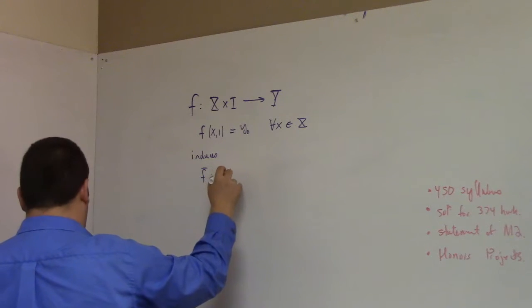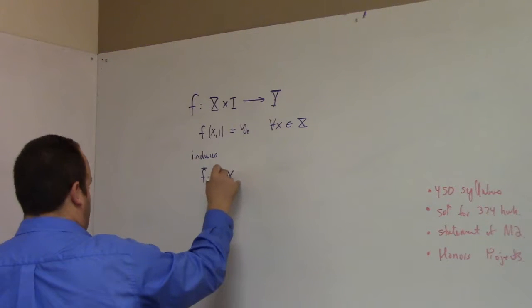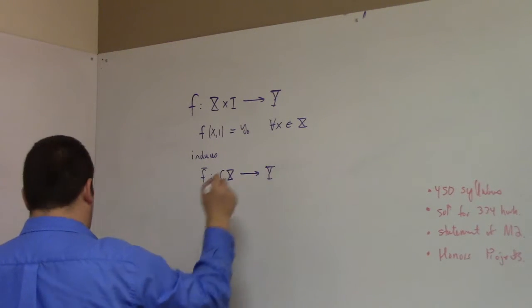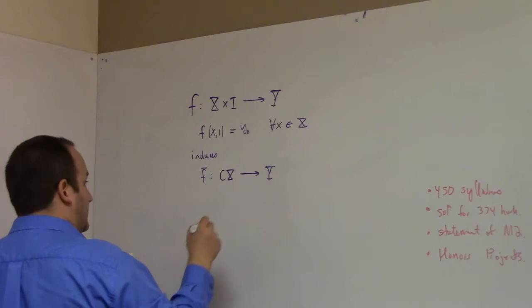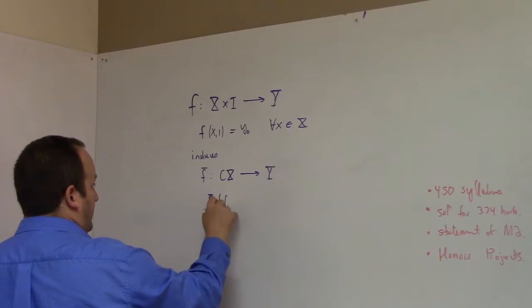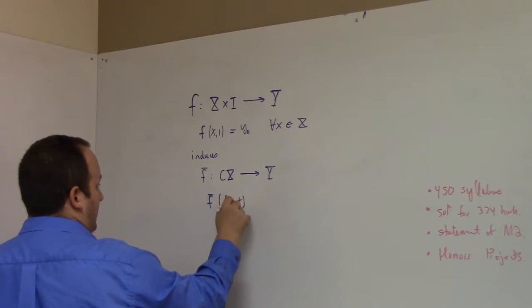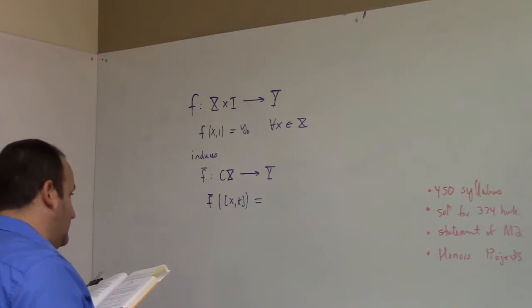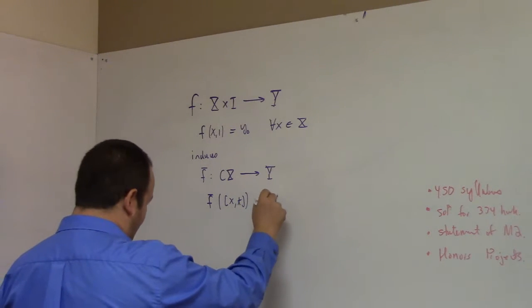From the cone of X to Y. How so? By what? So if you feed it the equivalence class of x, t, what do you give it? You just f of x, t.